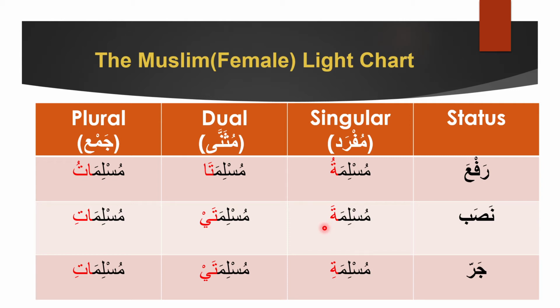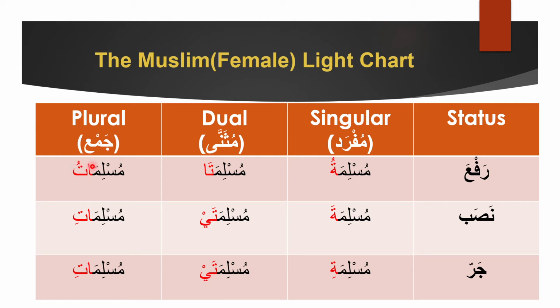Muslimatan, tan, heavy. Muslimatin, heavy. Muslimati, light. Muslimatani, tani, there should be a noon here, but it's removed. So it's just Muslimata, that's the light. Muslimataini, taini, that's heavy. Muslimatai, that's light.